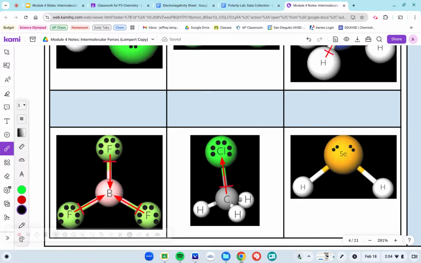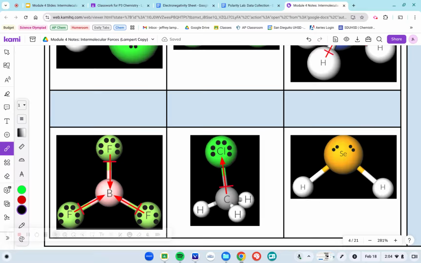Well, but is this bond polar? Which direction are they going? If the bonds aren't polar, is there anything pulling them in the other direction?